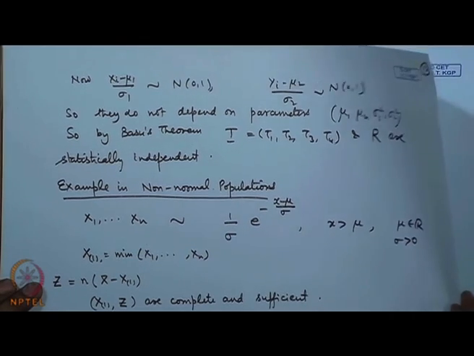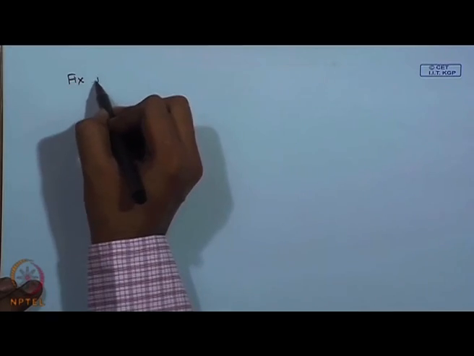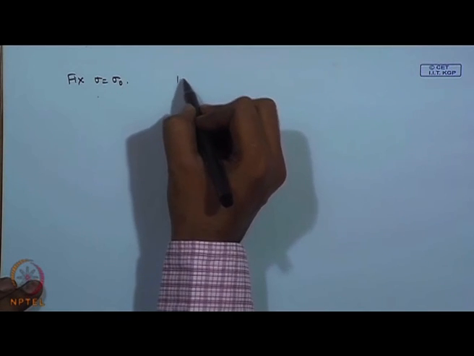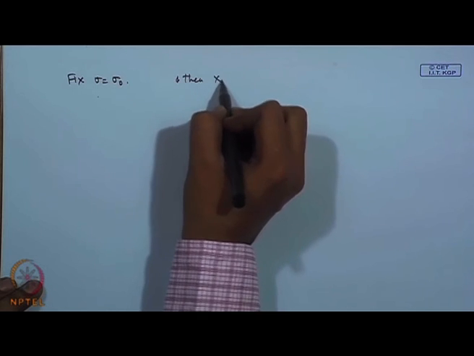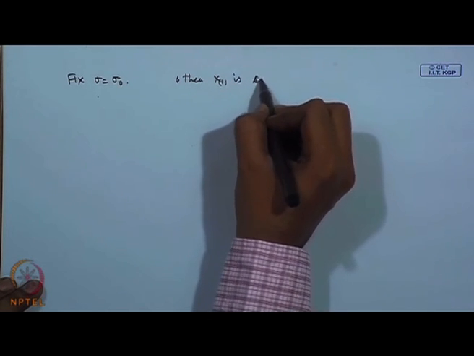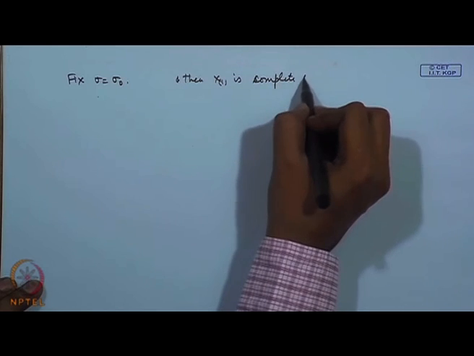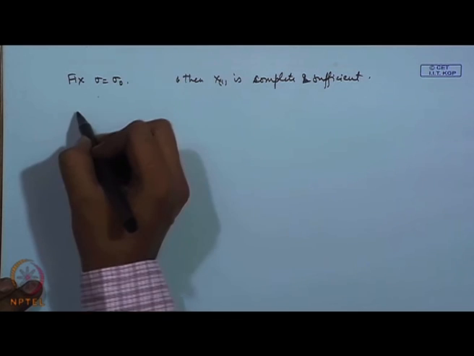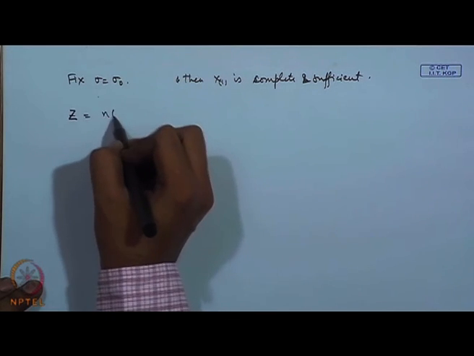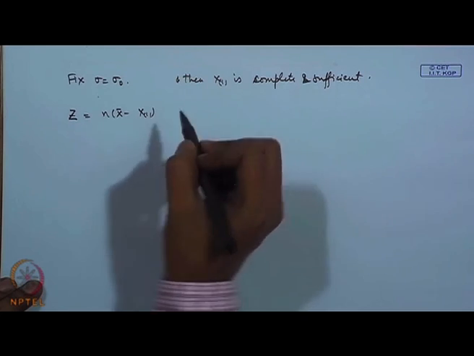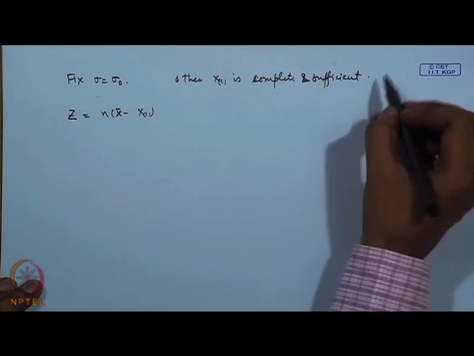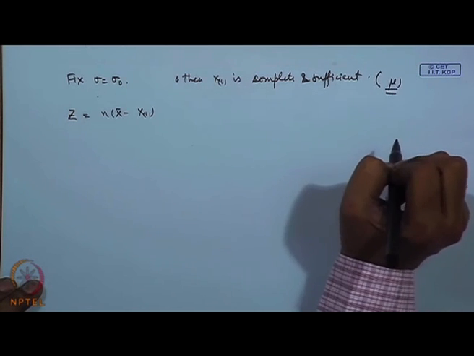Now, if I fix sigma equal to sigma naught, then we will get x 1 is complete and sufficient. Now, z if I take n x bar minus x 1, this is now complete and sufficient, and the parameter is actually mu now here.